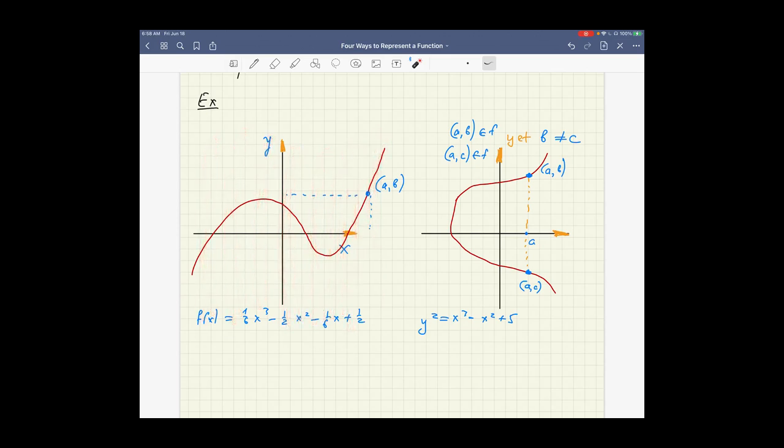However, for the curve in the right picture, we can easily find vertical lines that intersect the curve more than once. That means the curve cannot be the graph of any function. Right? This vertical line intersects the graph more than once.